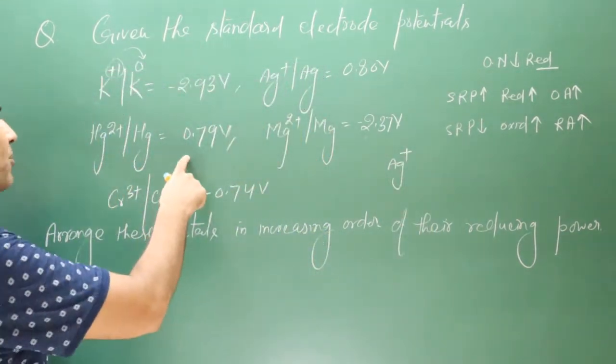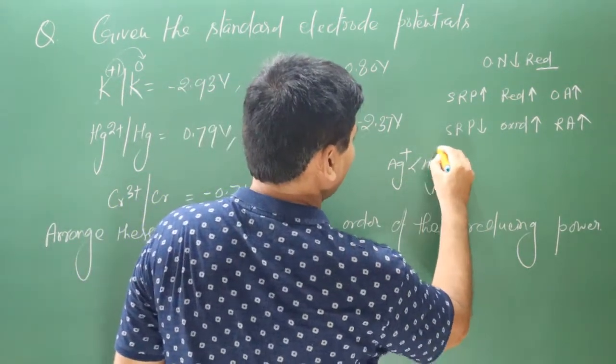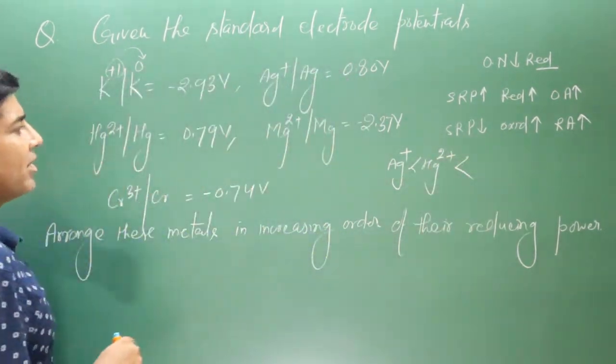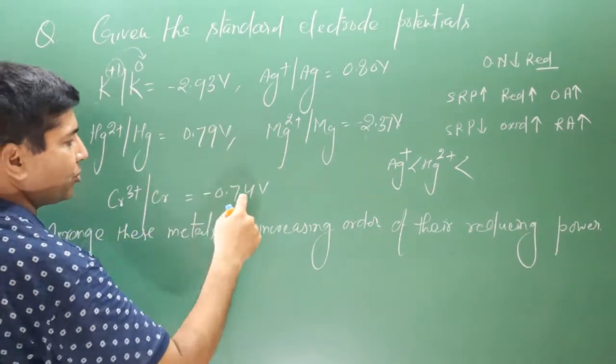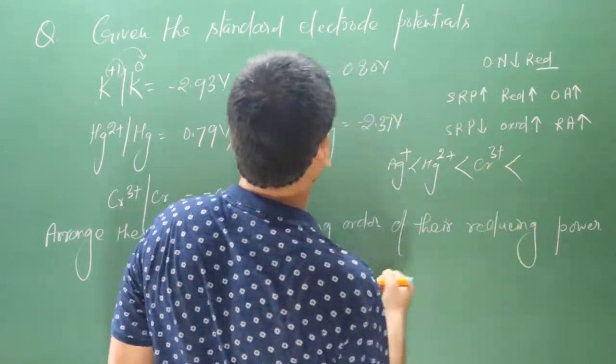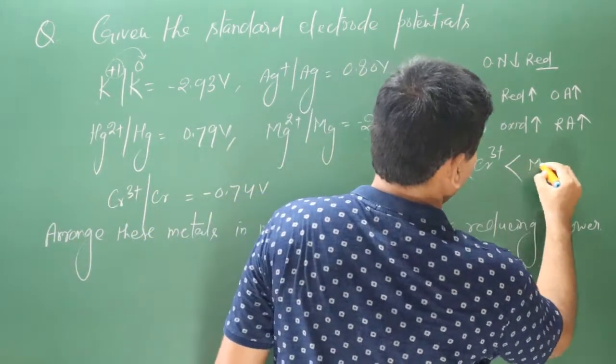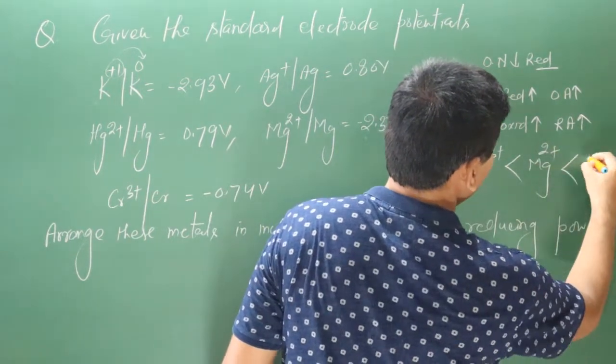After this we have Hg2+, and then we have the negative values. Then we have Cr3+, and then we have the values -2.9 and -2.3. Then we get Mg2+, and then we have K+.